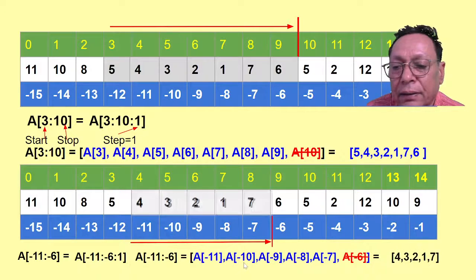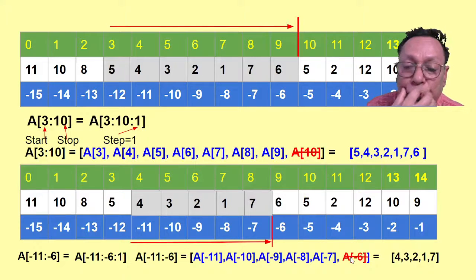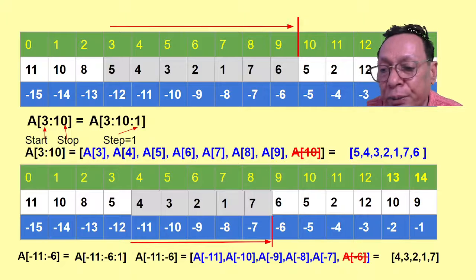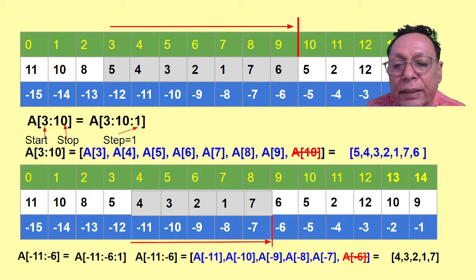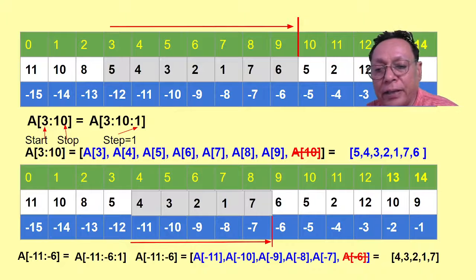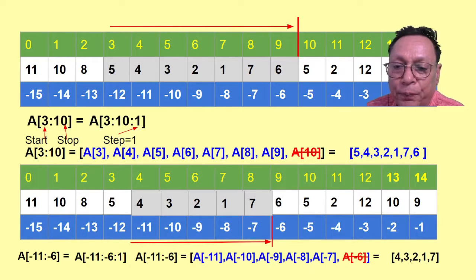So -11, -10, -9, -8, and -7, and the last index is -6, because you have to move from -11 to -6 and the last index is excluded. The elements will be considered from index -11, -10, -9, -8, -7, and -6 is excluded, and hence we get a slice of 4, 3, 2, 1, 7 values.